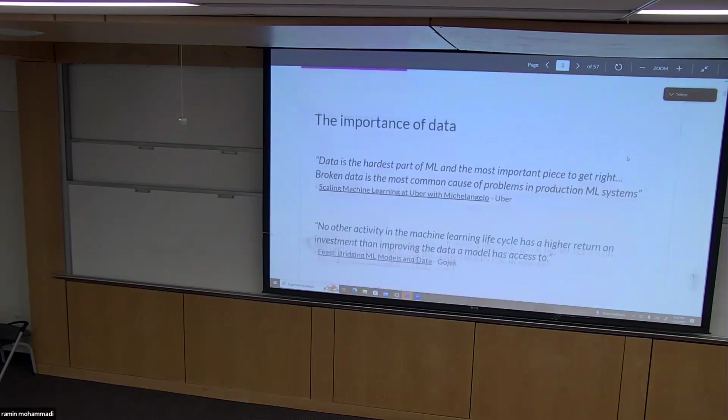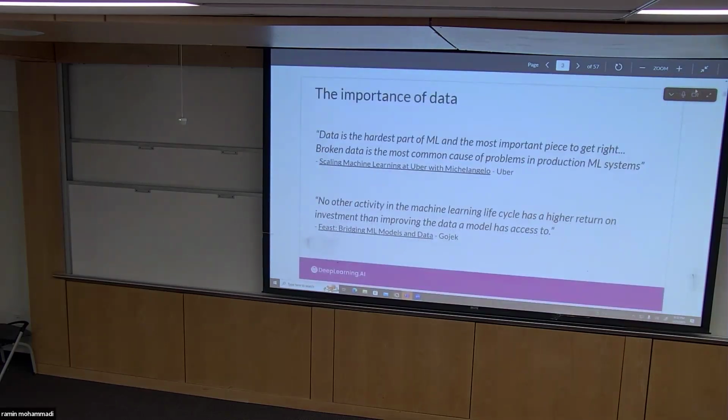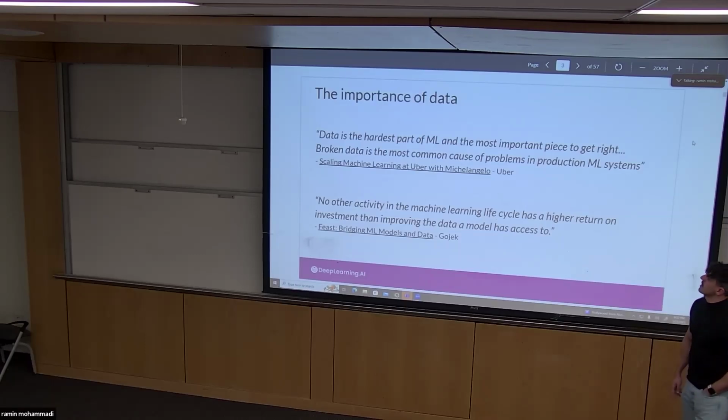All right, now let's take a moment and read these two quotes, one from Uber and the other from Gojek. The first basically says data is the hardest part of ML and the most important piece to get right. Broken data is the most common cause of problems in production ML systems. And Gojek says that no other activity in the machine learning lifecycle has a higher return on investment than improving the data that the model has access to.